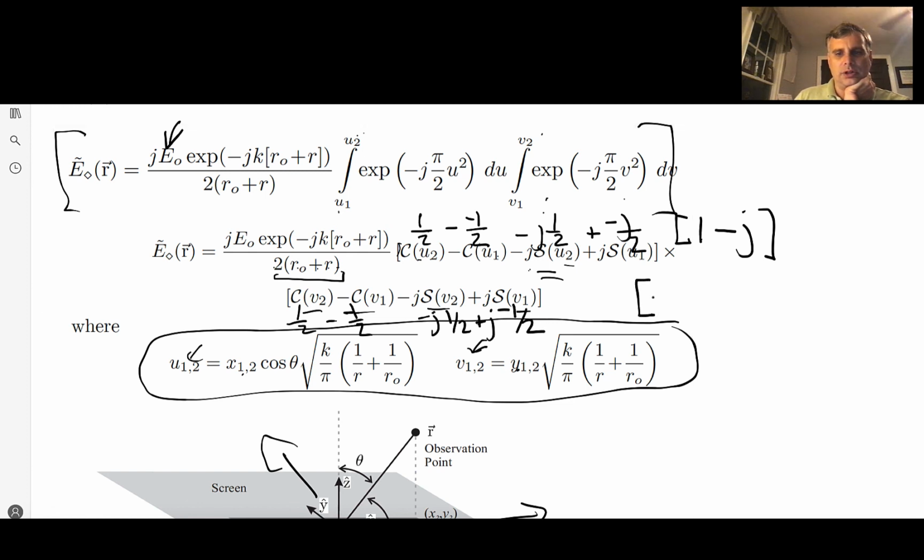So another 1 minus j. If I multiply those two together, I get 1 minus 2j plus minus j times minus j. That's actually a minus 1. So I get minus 2j.